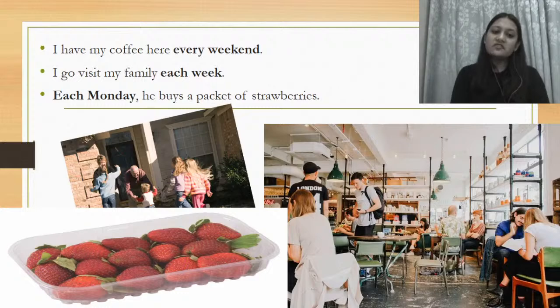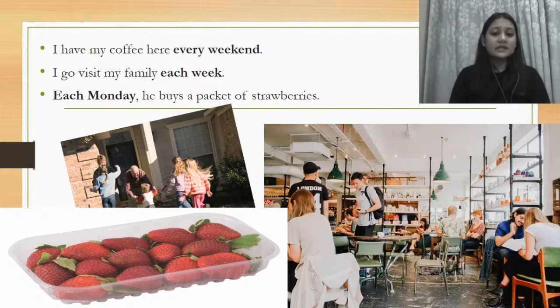I go visit my family every week. So you have all the plans, but then you decided to meet your family every week and you do it. Clear, right? So there is a time span which we're talking about: week, weekend, day, or morning, right? It talks about the time. That is why we can use each here, or every also.